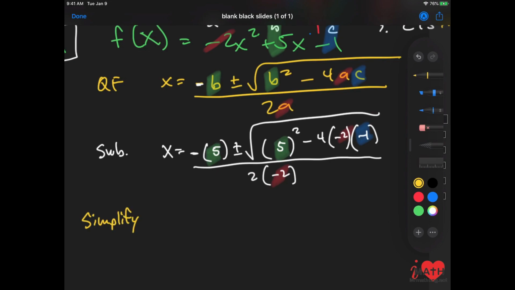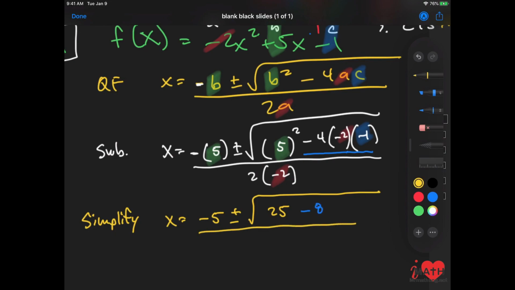So I have x equals the opposite of +5 is -5 plus or minus the square root of 5 squared, which is 25. This one's going to be -4 times -2, which is +8, and +8 times a -1 equals -8, all over -4.